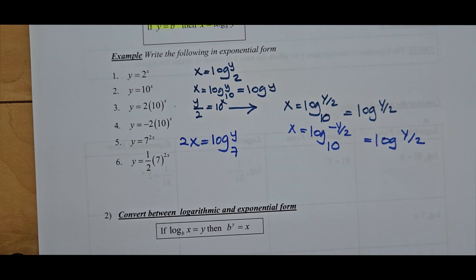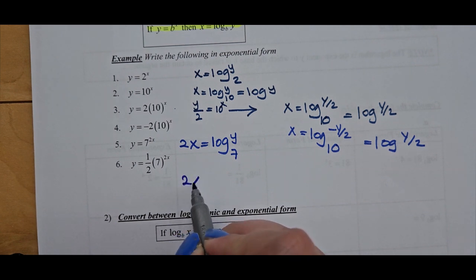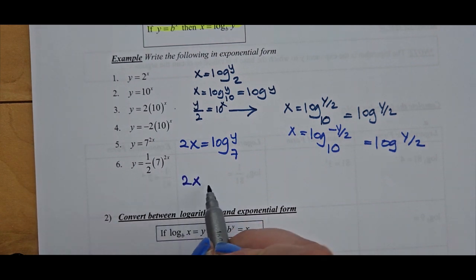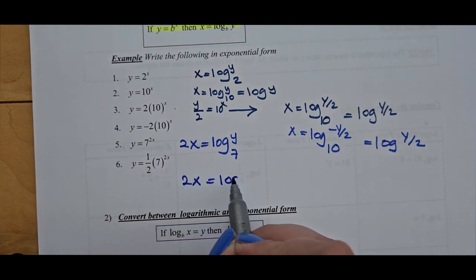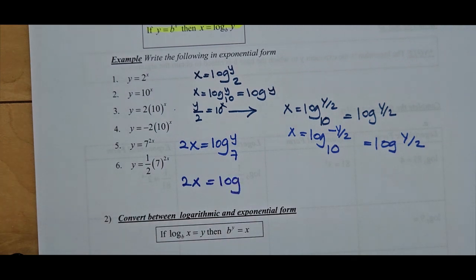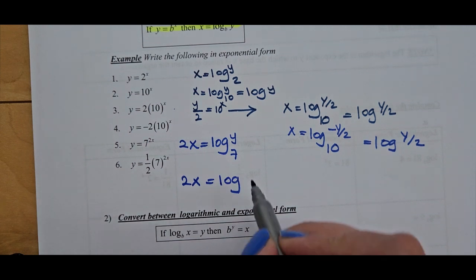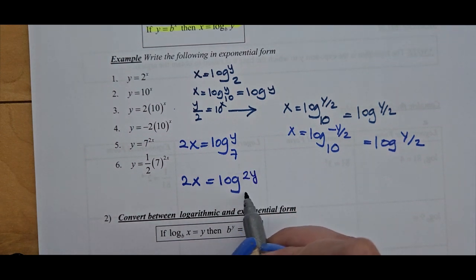Now, the next one, here you have a coefficient before 7 to the power 2x. So here, what you have to do, in here you would have 2x, right? The only difference is that here you would have log. Instead of y, you would have, what is it? Perfect, 2y. 2y to the base 7.